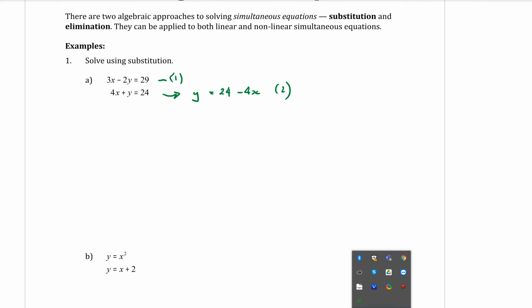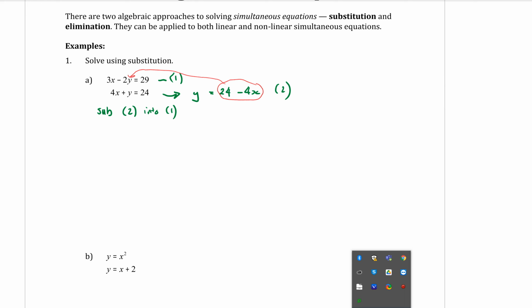And we are doing substitution method, so what I'm going to do, the equation that has y by itself, so equation 2, I'm going to substitute that into equation 1. And what that means is I take what y is equal to in equation 2 and I replace that in the equation for equation 1.